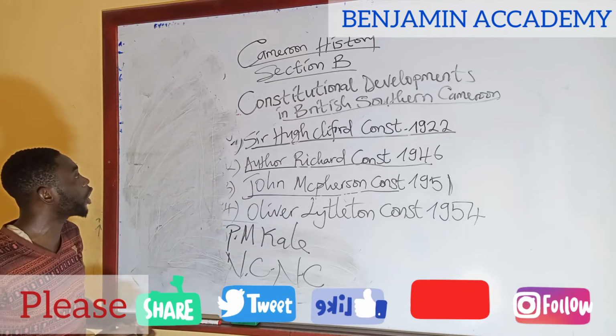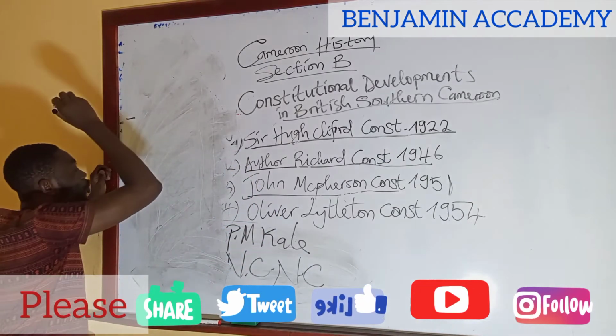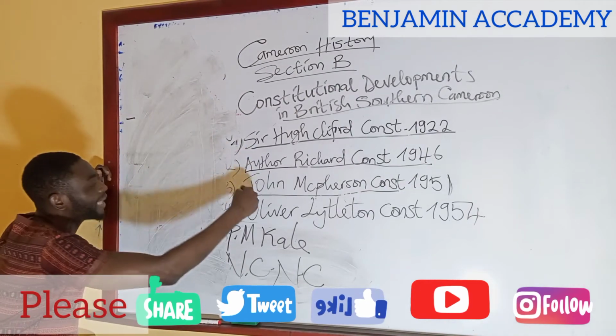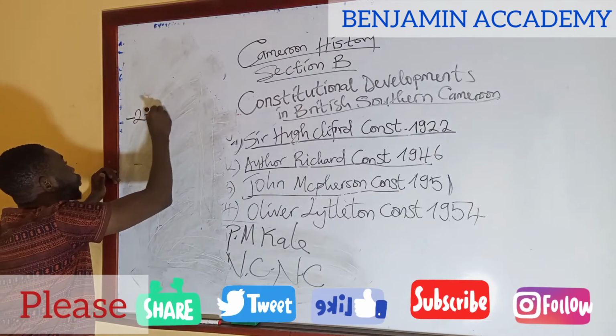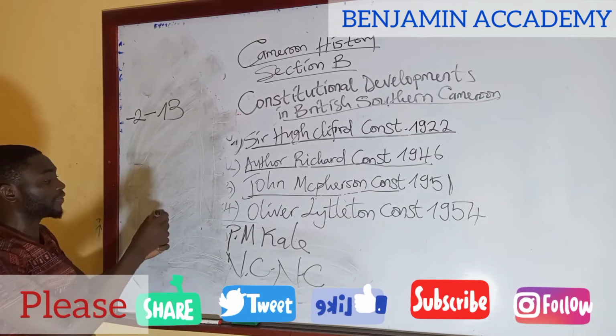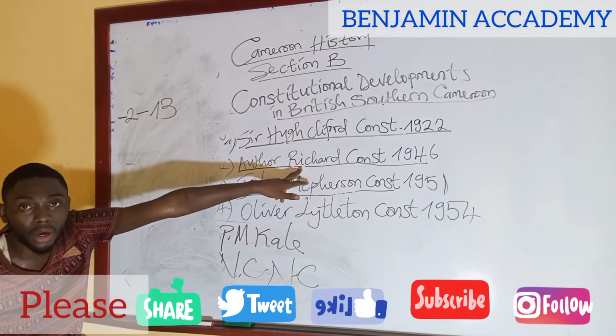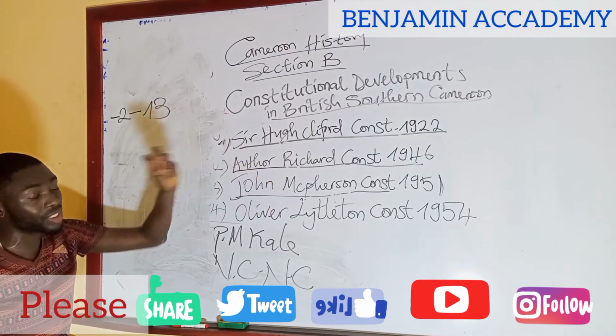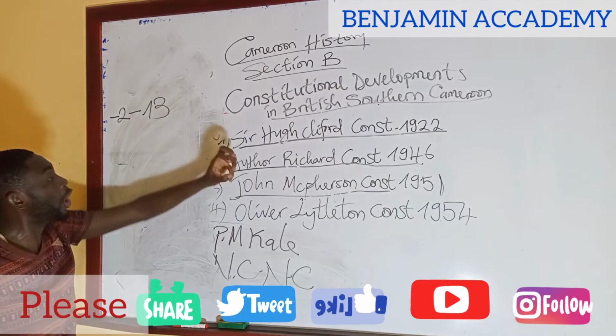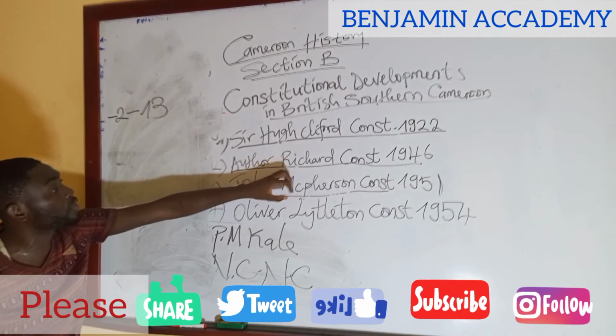The second decision was that the Constitution agreed that Southern Cameroon's number of seats would be increased from 2 to 13 representatives. Don't forget, under the Richard Constitution, we have discussed that Southern Cameroon was given 2 seats in the legislative council in Enugu.